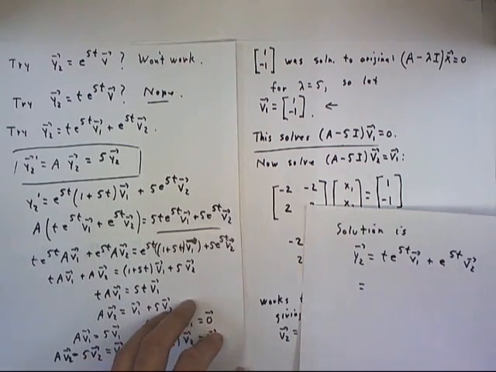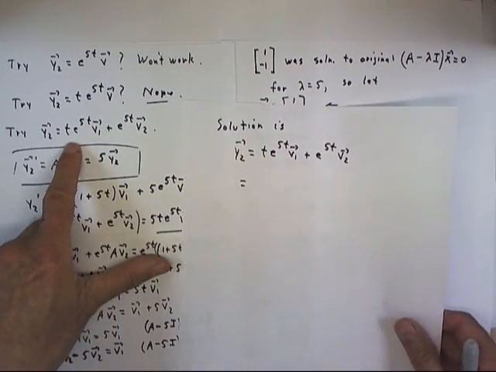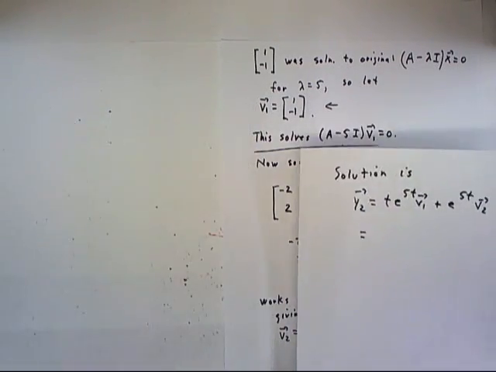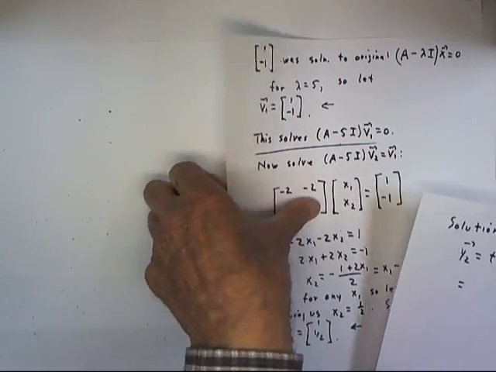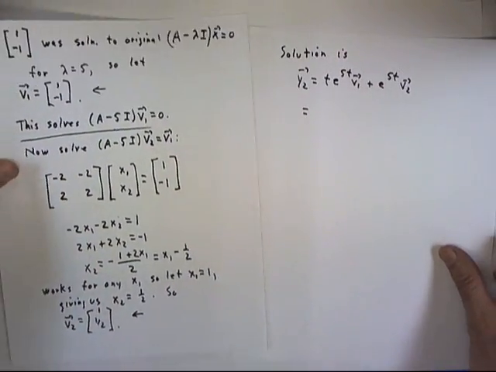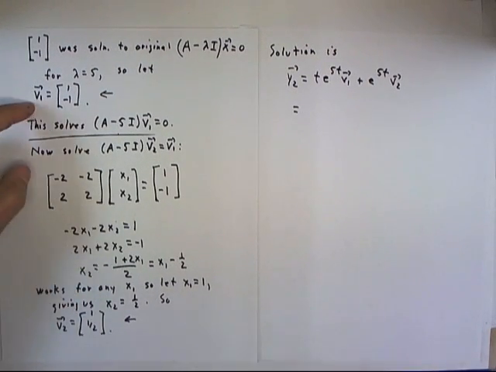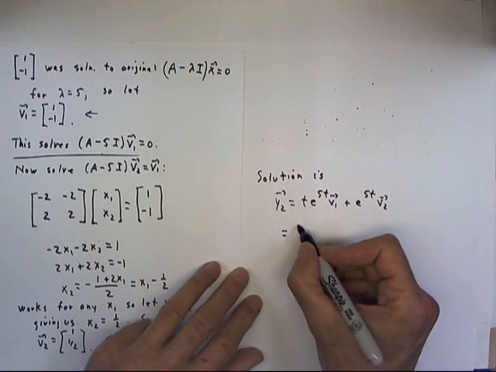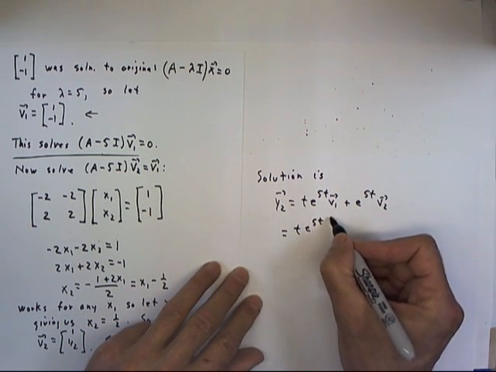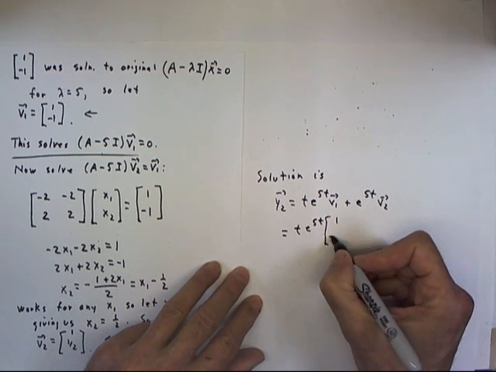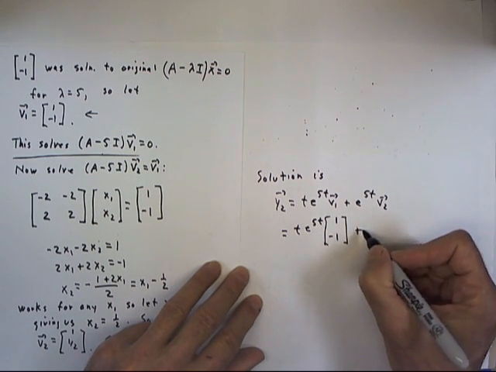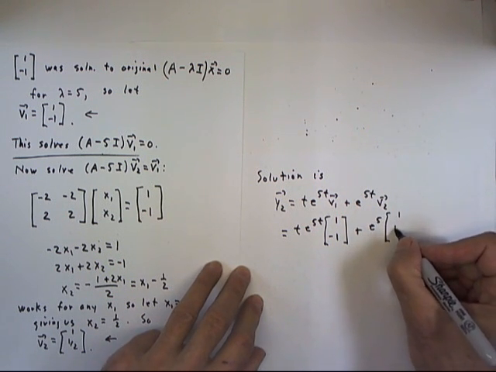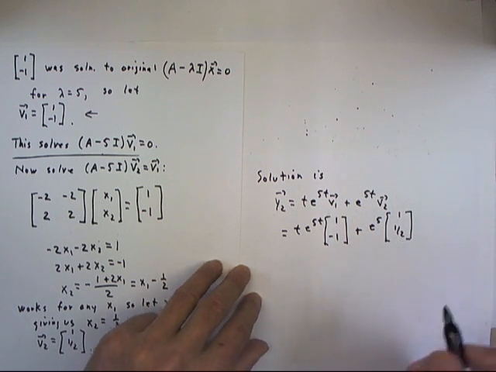So, just rewriting what we wrote here, our assumed solution. Our solution is now equal to the assumed solution for the vectors v1 and v2 that we've found here, so that the solution is going to be t e^(5t) multiplied by the v1 vector, which is (1, -1), plus e^(5t) times the v2 vector, which is (1, 1/2).